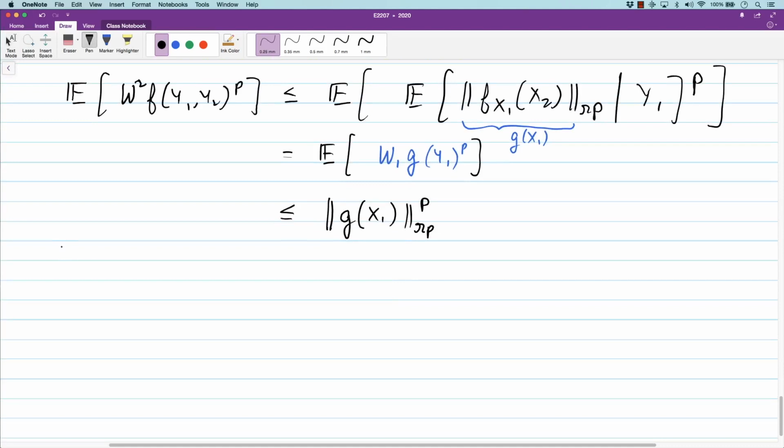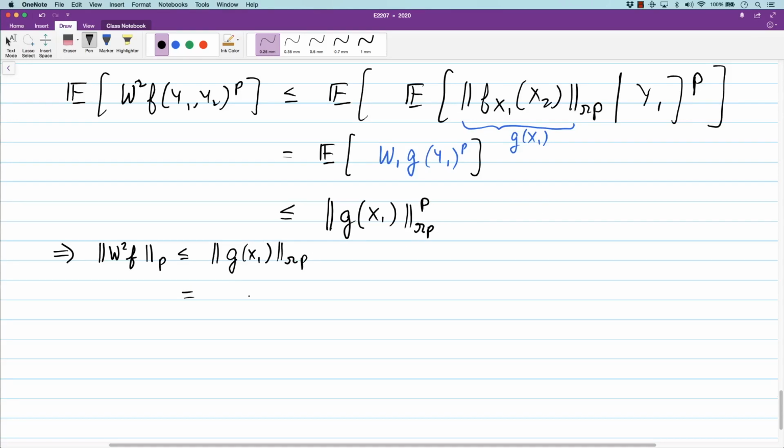Which implies that the pth norm of W2 of f is less than or equal to the rpth norm of g of x1. This is where we used hypercontractivity for the first coordinate. So let's expand what this g looks like. What is its rpth norm?